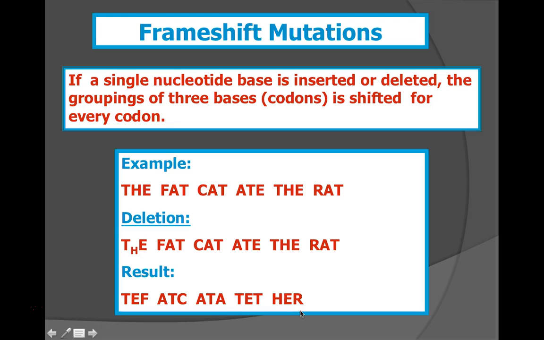Therefore, take that analogy and put that into the way that amino acids are read and how the mRNA and the tRNA read that, it won't make sense, and that's going to make for an unusable protein.